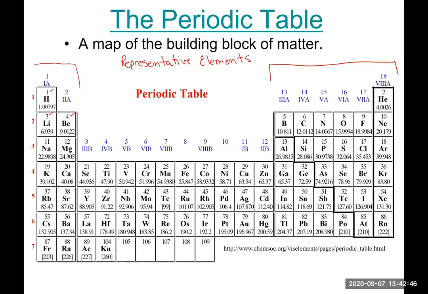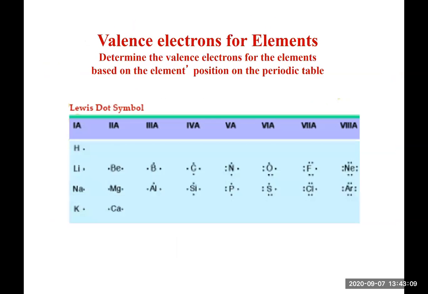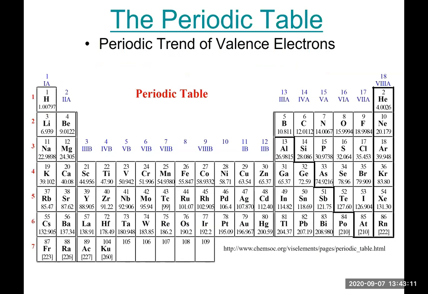And so we can predict their chemistry fairly straightforwardly. These with the B's in the middle, these are called transition elements. And the transition elements we can't predict quite as easily. So we'll talk more about the transition elements later on.